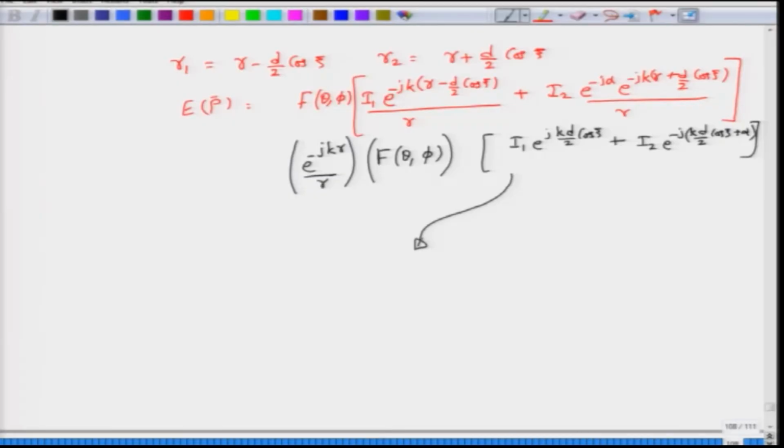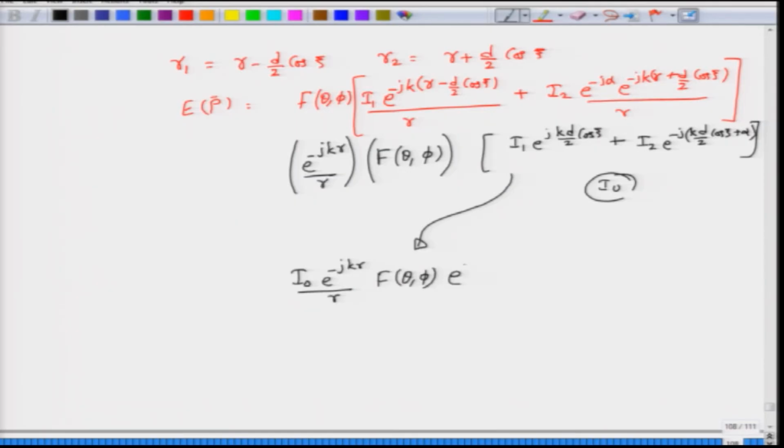So, I just have I 1 e power j k d by 2 cos zeta plus I 2 e power minus j k d by 2 cos zeta plus alpha, and I will leave the further simplification by moving e power j alpha onto the other side for you to work out, and also assume that I 1 and I 2 are equal, they are equal to I 0. Then you can rewrite the equation as I 0 e power minus j k r divided by r f theta phi.